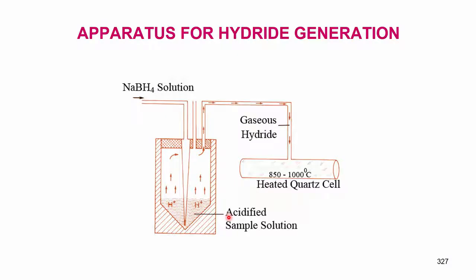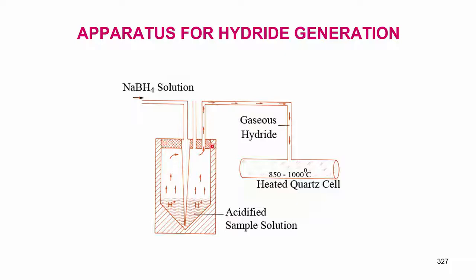Okay. So, this is the apparatus for hydride generation. What do we have here? We have a sample of sodium borohydride that comes through this, and I have the sample here, the acidified sample. This acidification is up to around 6 molar HCl. We will study more about the acidity effect on hydride generation later.